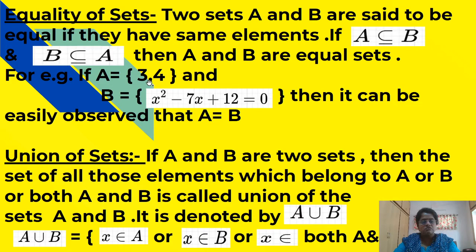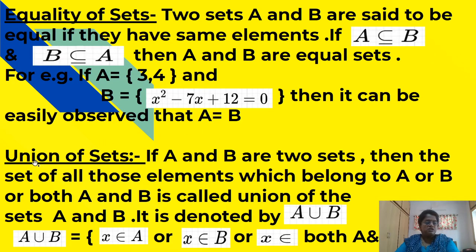Let A = {3, 4} and B = {x : x square minus 7x plus 12 = 0}. Then it can be easily observed that A is equal to B, because when we solve this quadratic equation, x square minus 7x plus 12 = 0, we will get the values of x as 3 and 4. A also contains 3 and 4, and therefore both sets are the same, that is both are equal sets, that is A = B.